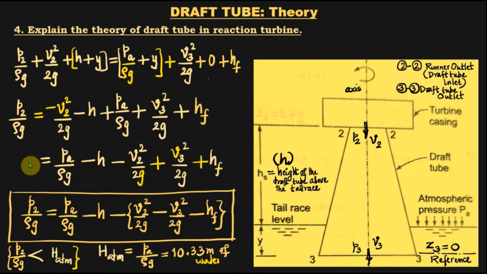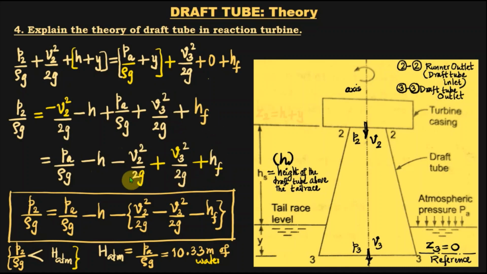That is, P2 by rho g is equal to PA by rho g, that is the atmospheric pressure head, or what we call H atmosphere, then minus h, where h is the height of the draft tube above the tail race, then minus V2 square by 2g, then plus V3 square by 2g plus hf.